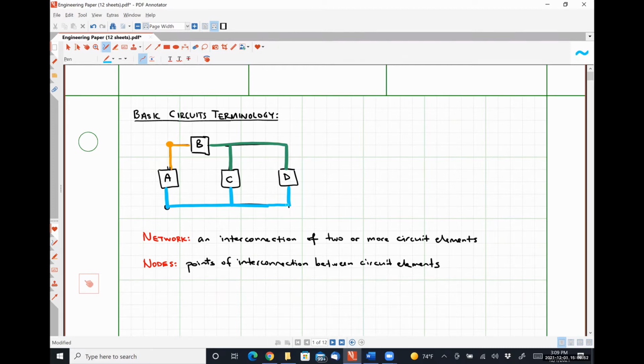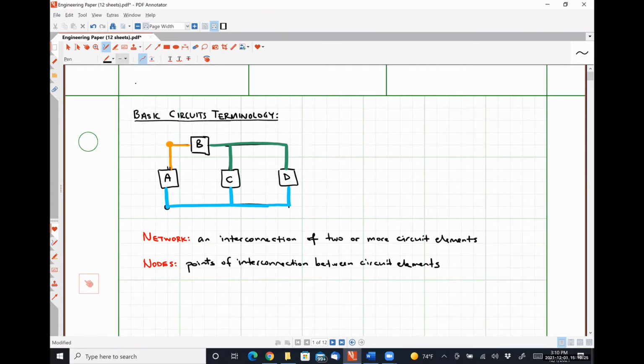So for instance, if we look at that orange node in the top left, we can see that there's really just a single point of interconnection between elements A and B, okay? Or there's a single node shared between those two elements, and that node isn't shared with anything else. Whenever that happens, those two elements are connected together in series, right?